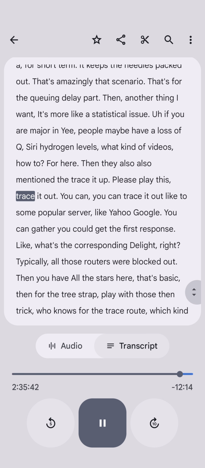Please play with traceroute. You can trace route to some popular server like Yahoo, Google. You get the first response, like what the corresponding delay is, right? Typically, all those routers are blocked out, then you have all the stars there. That's basic. Then for traceroute, play with those.